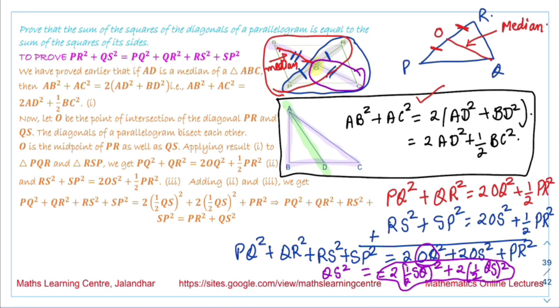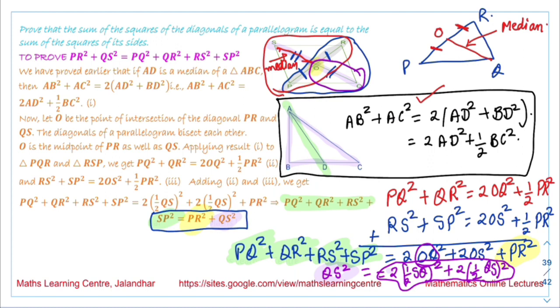So we get the final result that PQ square plus QR square plus RS square plus SP square is equal to QS square plus PR square, and this is what we have to prove.